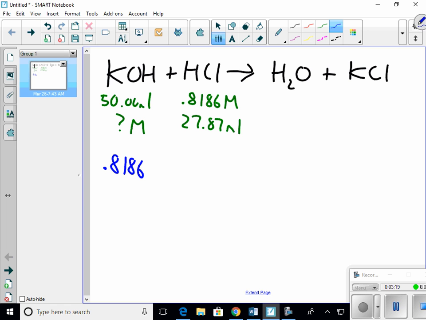0.8186, now molarity is the same as saying moles per liter. Are we okay with that statement there? I'm going to multiply that by my liters, 0.02787 liters.